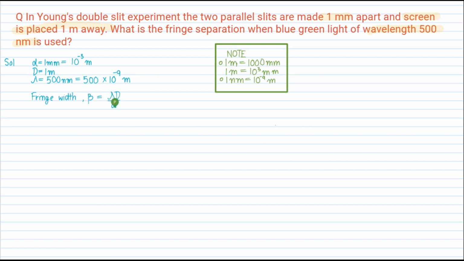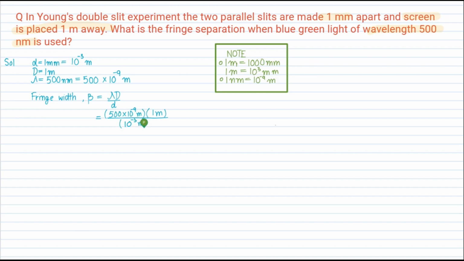In this question, they have given you your wavelength, which is 500 times 10 to the power minus 9 meter. They have given you capital D, which is 1 meter, and small d. The value of small d is 10 to the power minus 3 meter.